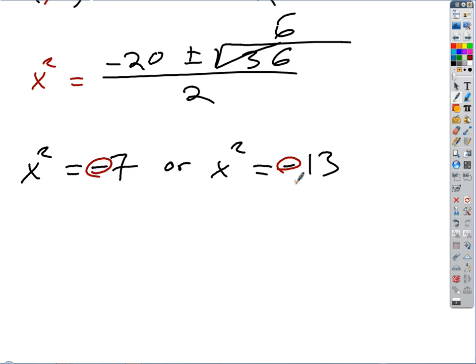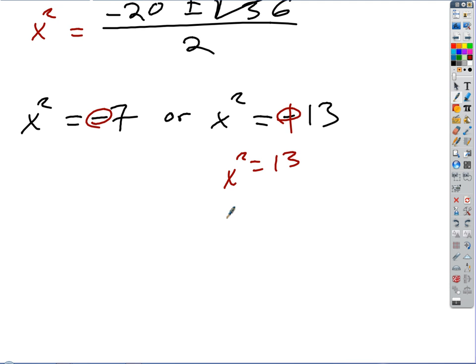Now what if, hypothetically though, this had been a positive 13? Just pretend x squared equaled 13. What would my 2 solutions have been for that? If x squared were to equal 13, then x would equal what? How do I solve for x? You told me square root, but I have to put a plus or minus there, right?